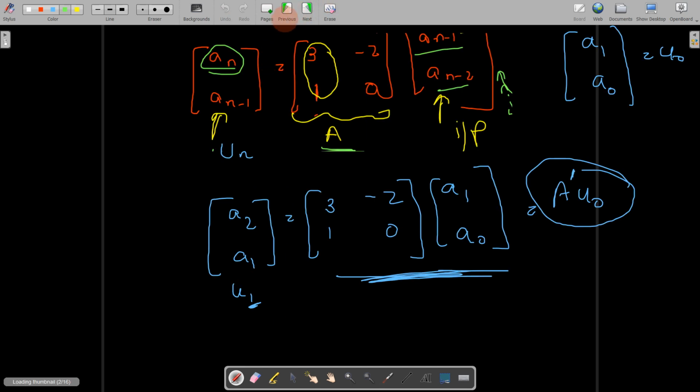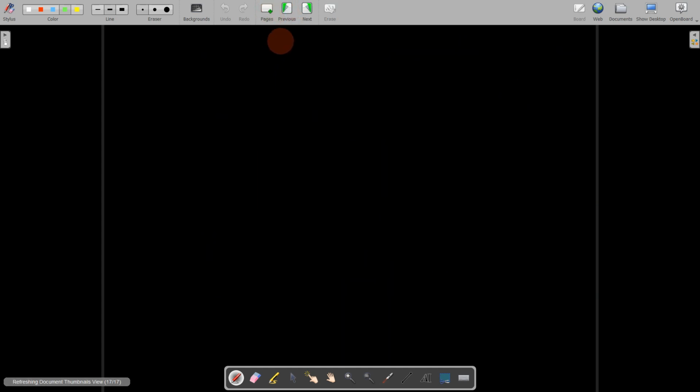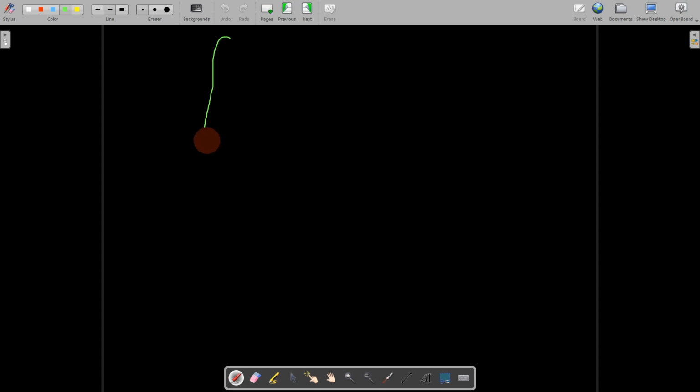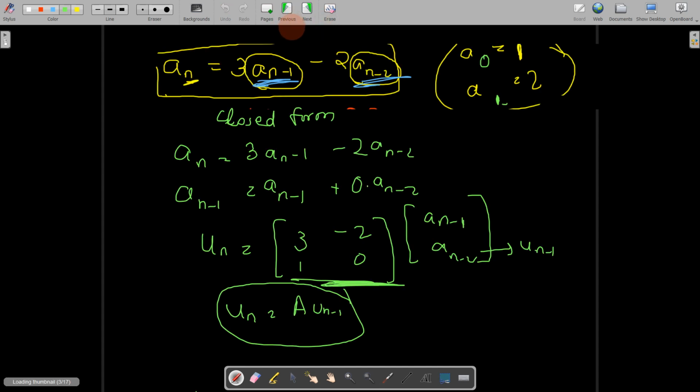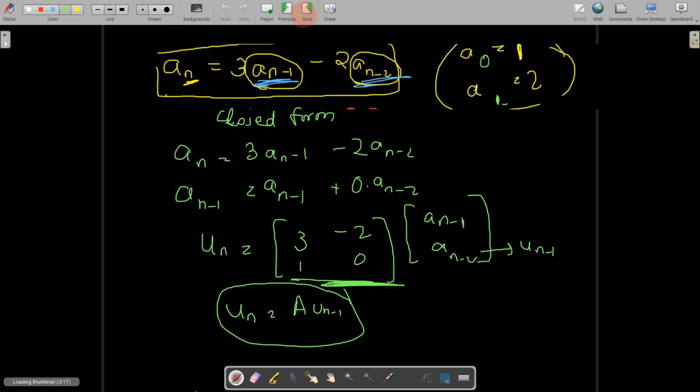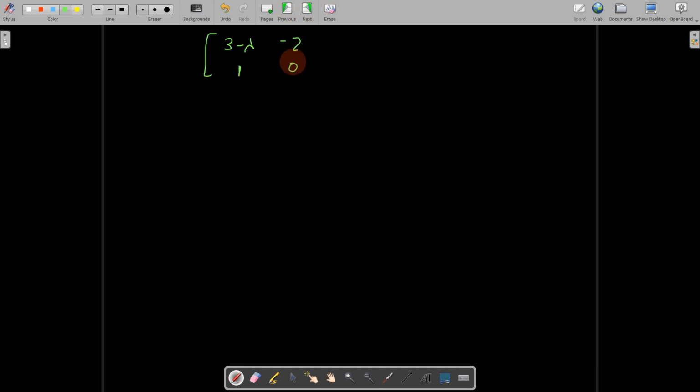So on a new page, the matrix is 3, -2, 1, 0. A minus lambda I is 3 minus lambda, -2, 1, minus lambda, and this determinant is equal to 0.